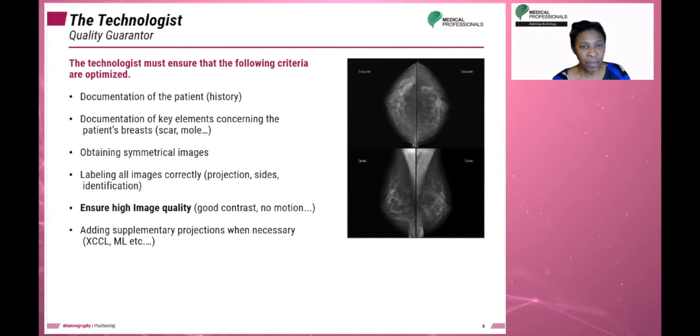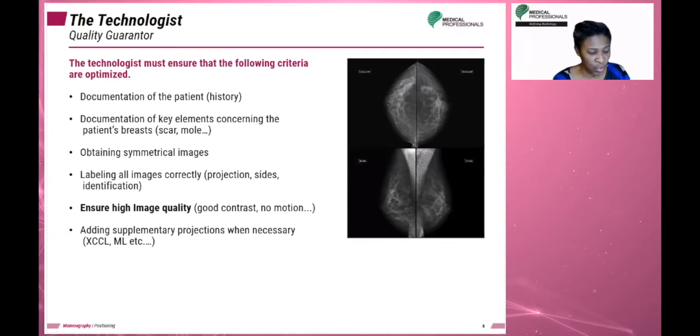In terms of labeling the image, there are standardized labels that should be followed, and you need to make sure that all of your images are labeled. Most of the time with digital imaging, that's not actually a problem unless there's something major wrong with the equipment.